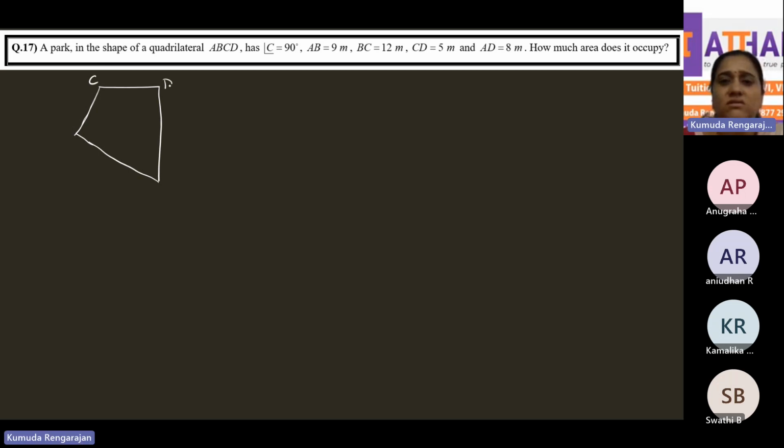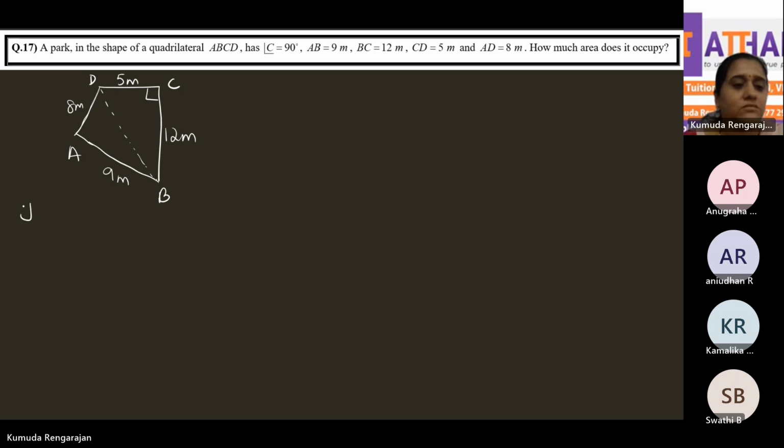Marked C here, D here. Correct? Right on, children.